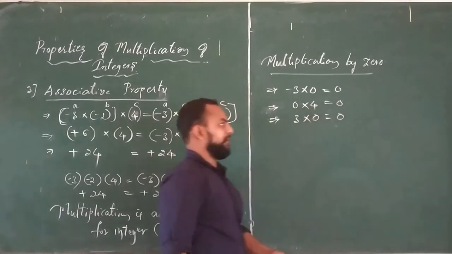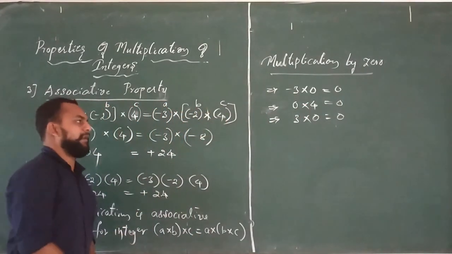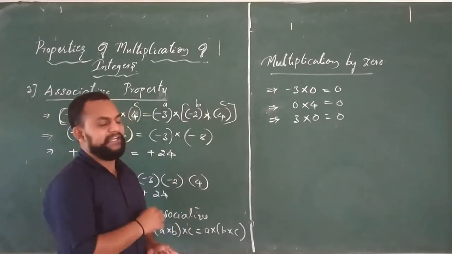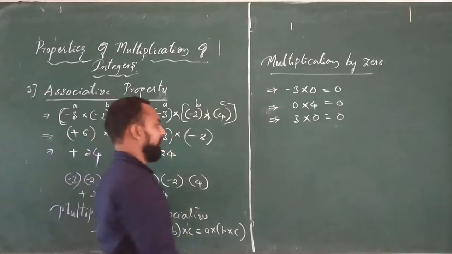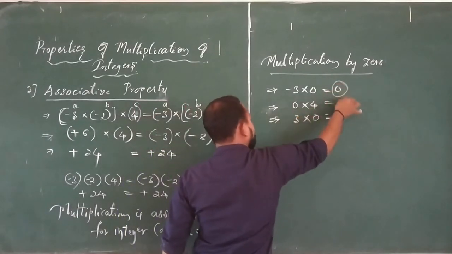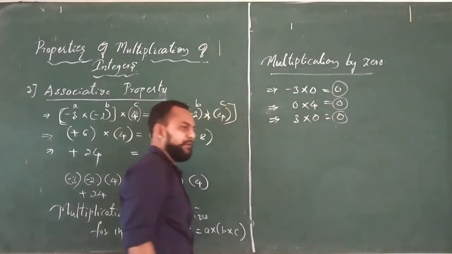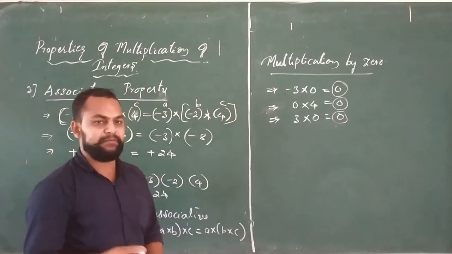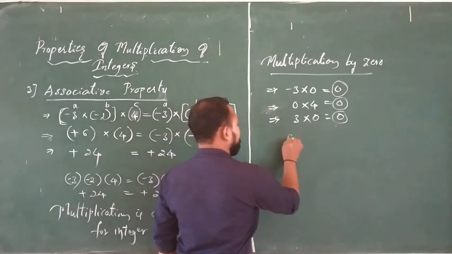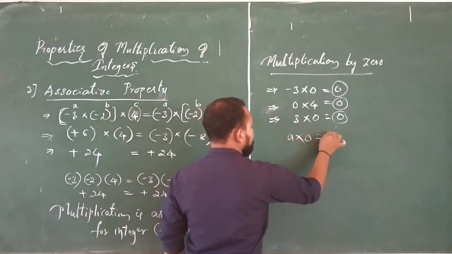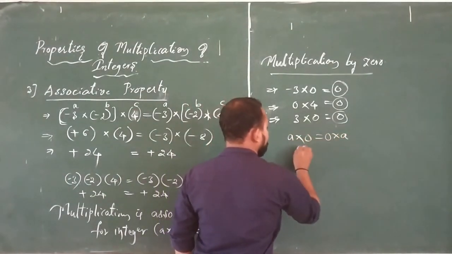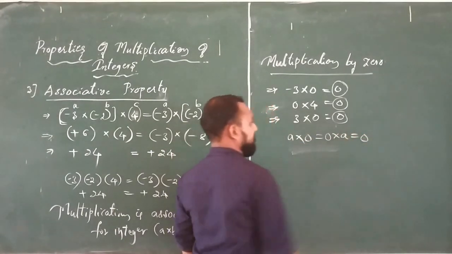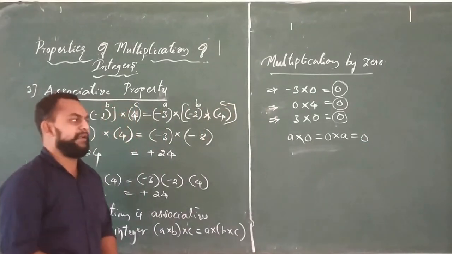That means if we multiply 0 by any integer, or any integer by 0, then we get the value 0. Any integer multiplied by 0 again gives 0. In general, a into 0 or 0 into a is 0. That is multiplication by 0.